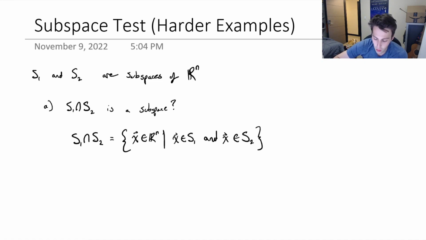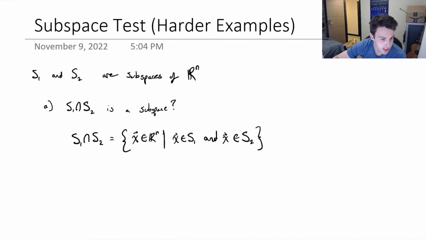Immediately we know that those three things that a subspace must satisfy hold true for S1 and S2. So the zero vector is in S1, S1 is closed under scalar multiplication and vector addition, and the same for S2.